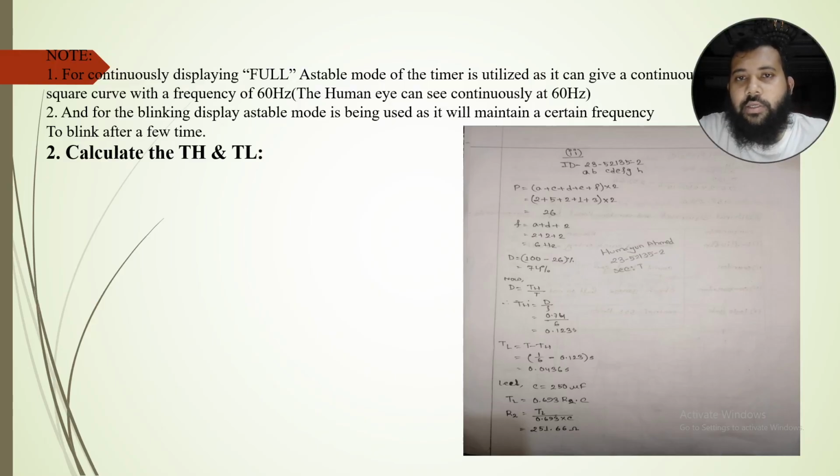In task 2, we can see that P, F, and D are given. I also calculated the values: P equal to 26, F equal to 6 hertz, and D, the duty cycle, 74%.